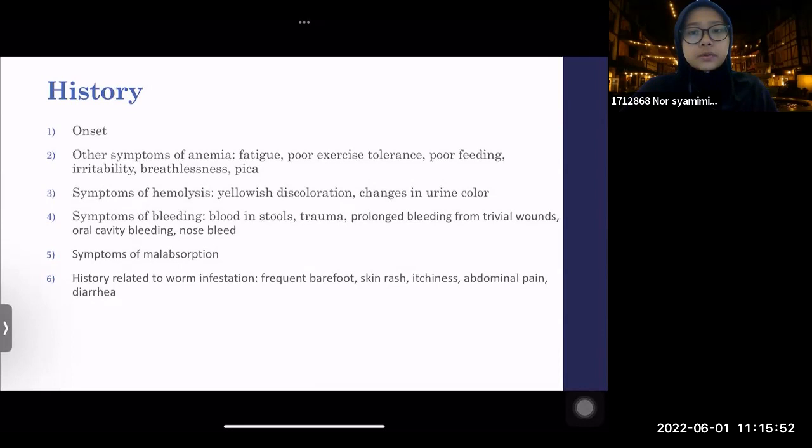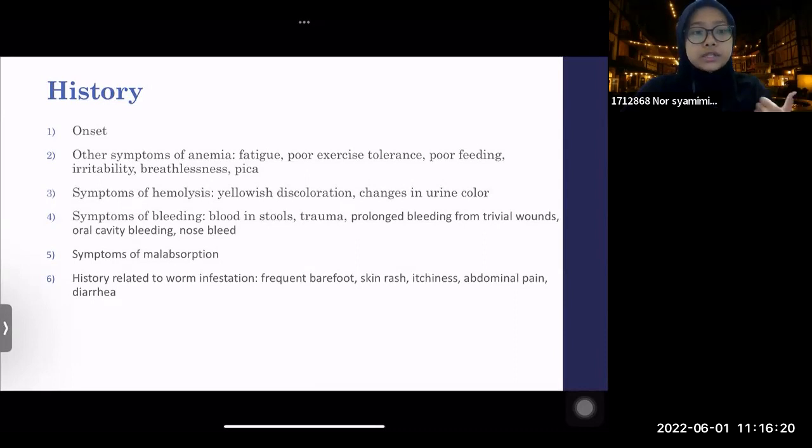For the differential diagnosis, we need to ask about hemolysis, where the patient has any yellowish discoloration or changes in the urine color, which could point to hemolytic causes of the anemia. And then ask if the patient has any symptoms of bleeding, such as blood in the stool, any episode of trauma, prolonged bleeding from trivial wounds, or oral cavity bleeding and nose bleeding, which can point to blood loss as the cause of the anemia.